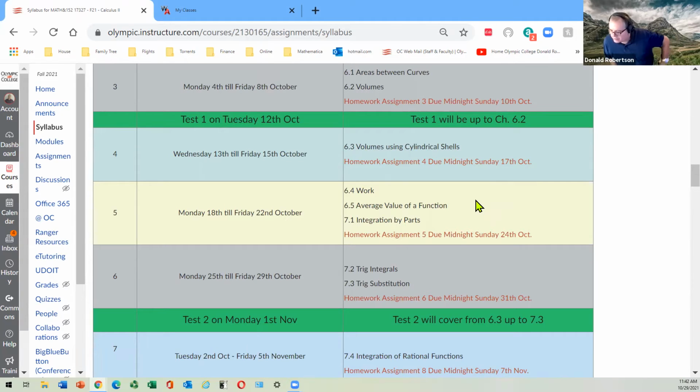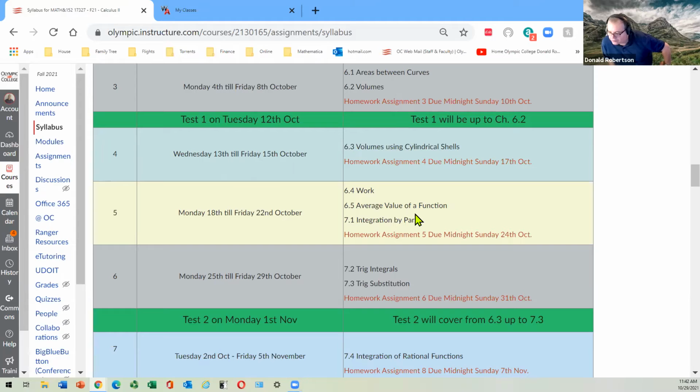Volumes of revolution, 2 pi x f of x, that one. You're going to get a question on work. It might be about springs, or it might be about pulling buckets up cliffs with leaky holes in them. Remember those guys? Average value of the function is probably going to be the most obvious and straightforward question. Isn't it just a formula and plug and chuck? 1 over b minus a, do your thing.